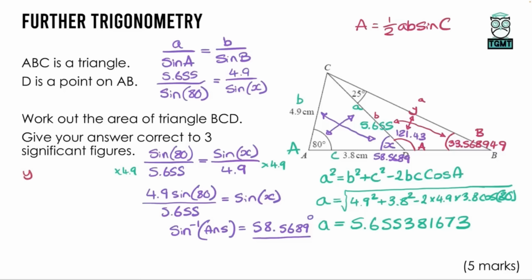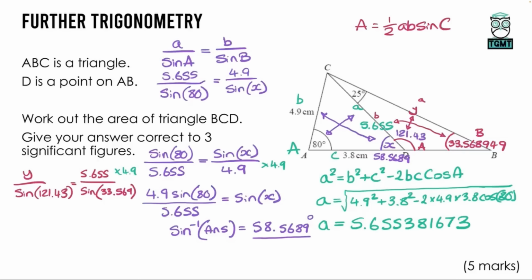And again, just using A over sine A. So we have y over sine of 121.43, and that is equal to the 5.655 over sine of 33.568, or I'll just round up for my bracket here, so 569.